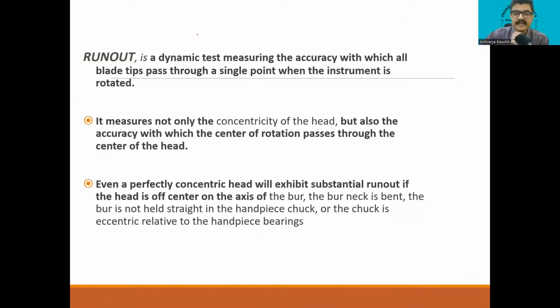So run out is a dynamic test. That is the keyword here, dynamic test. That is when the burr is in motion or when the burr is rotating. So run out is a dynamic test measuring the accuracy with which all blade tips pass through a single point when the instrument is rotated.